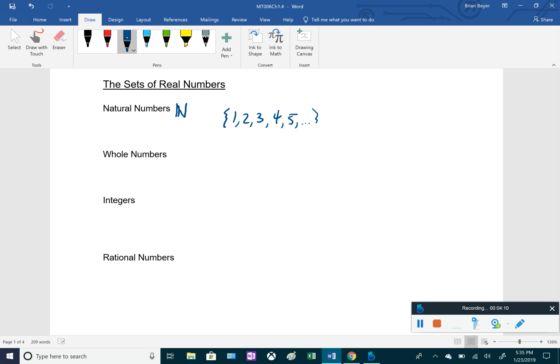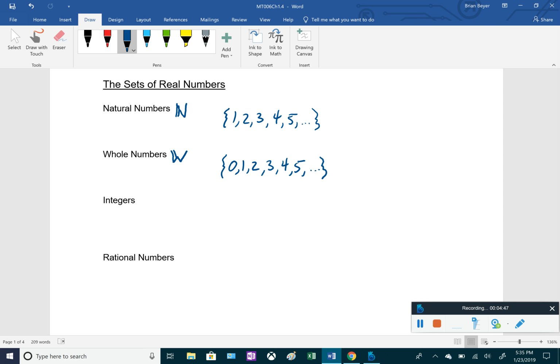Next, whole numbers are denoted with a W, with the little double backbone. Whole numbers are the natural numbers with 0 included. So 0 is a whole number. We can say that the natural numbers are a subset of the whole numbers because they're contained inside the set of whole numbers.